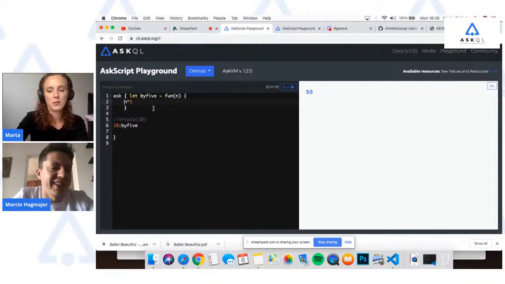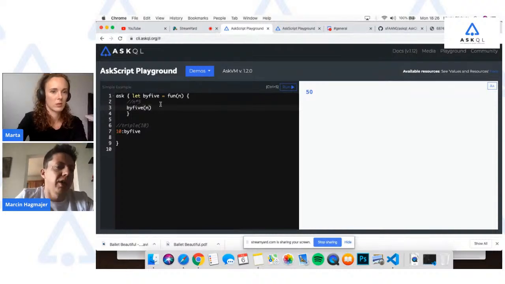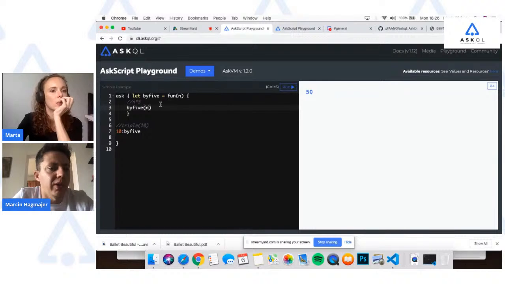What we do here is we want to know the by 5 of n, what's the value. And it doesn't know yet. Does the program know? I don't think it knows.